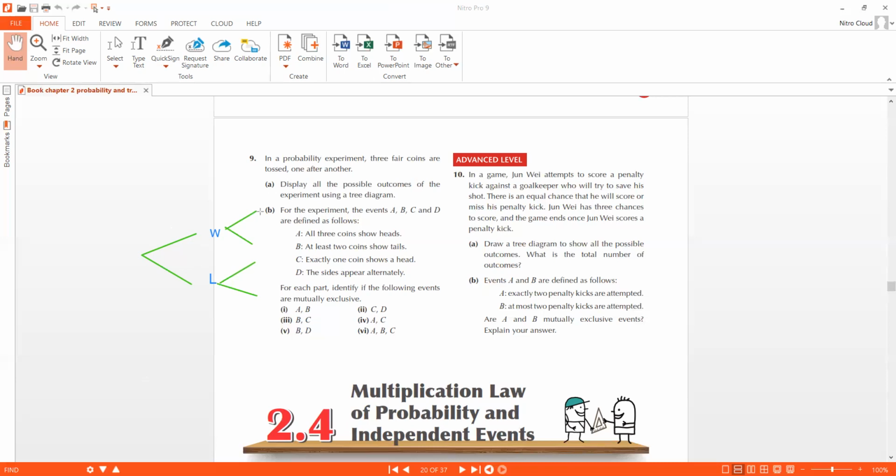Win lose, and then win lose. Win lose, win lose, win lose, and win. There are total eight outcomes. So you have win, lose. Win lose, win lose, win lose, win lose.